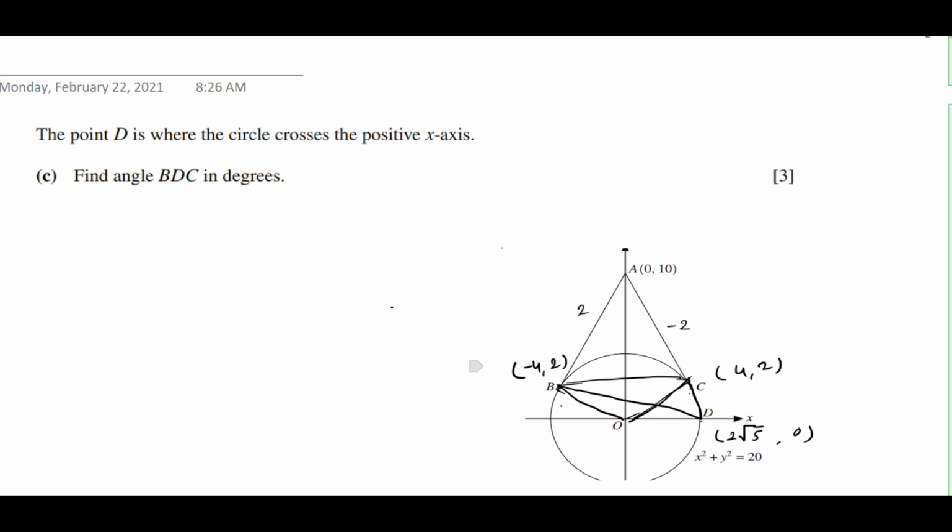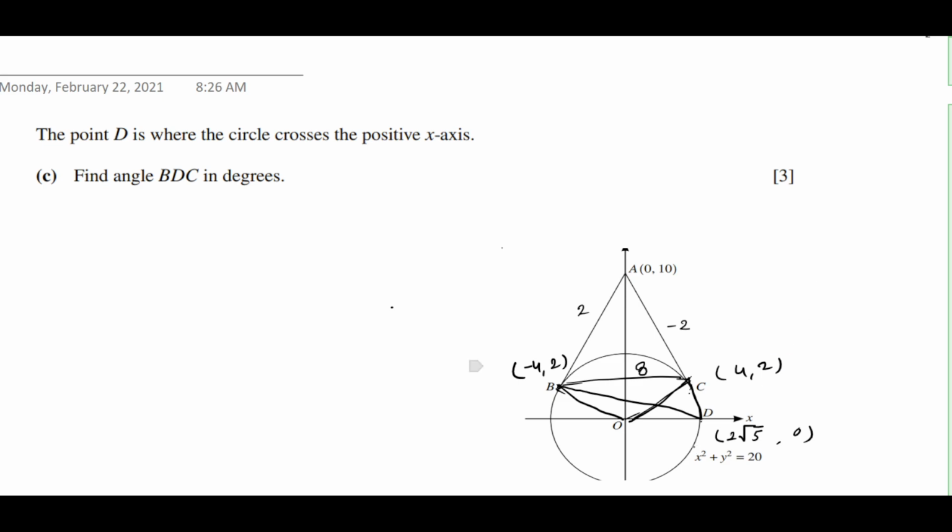Now how will I calculate this angle BOC? I don't know the arc length. I know only the length of this BC. This is -4, 2, this is 4, 2, so this total length is going to be 8. Okay, this much I know.